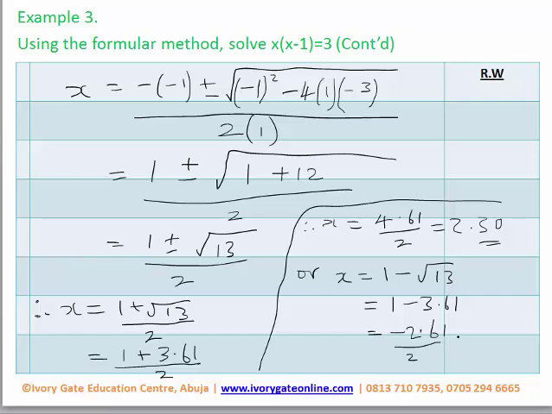Then this gives us minus 1.3. Therefore, the values of x that satisfy the equation are 2.3 or minus 1.3. That's the answer.